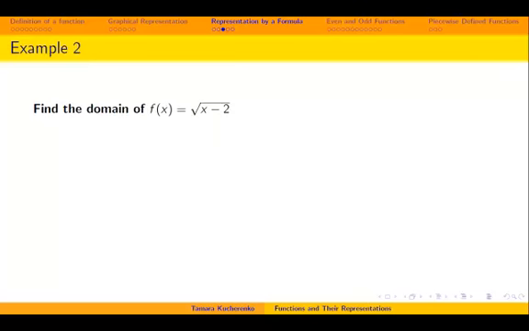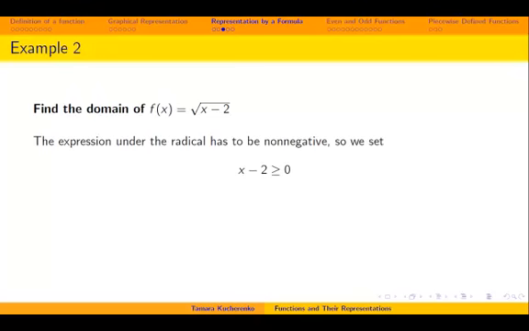The second example is to find the domain of f of x equals radical x minus 2. The expression under the radical has to be non-negative, so we set x minus 2 is greater or equal to 0.